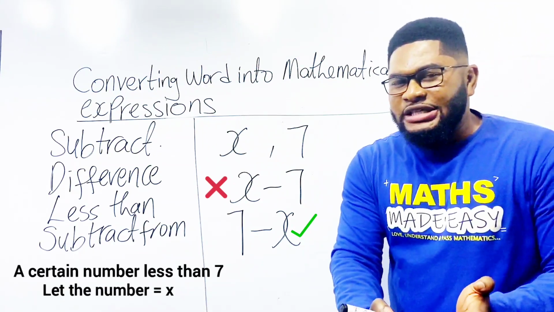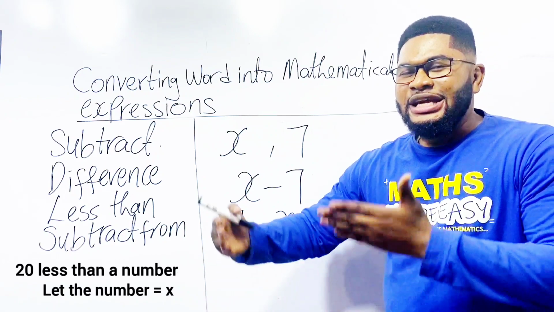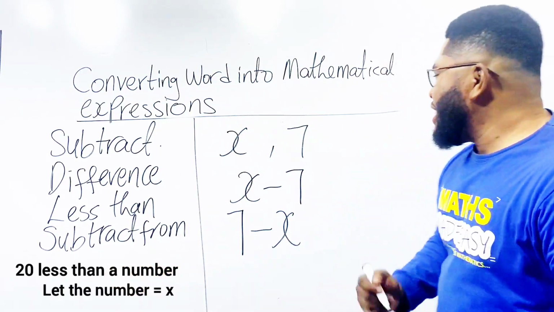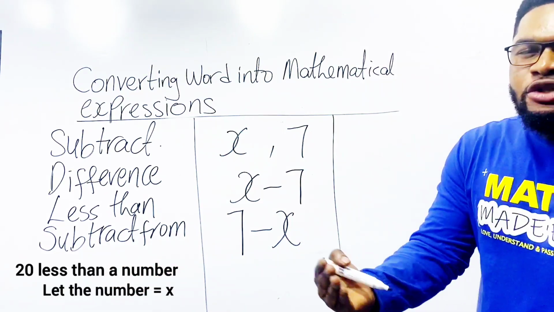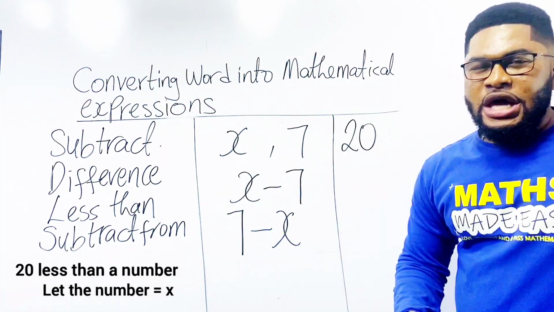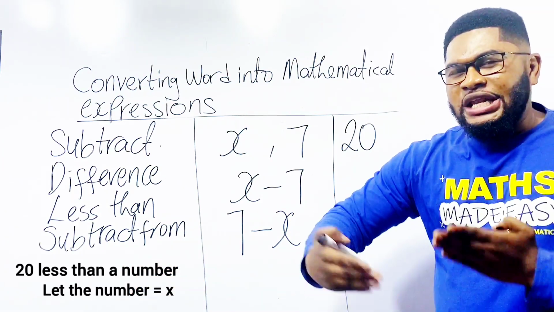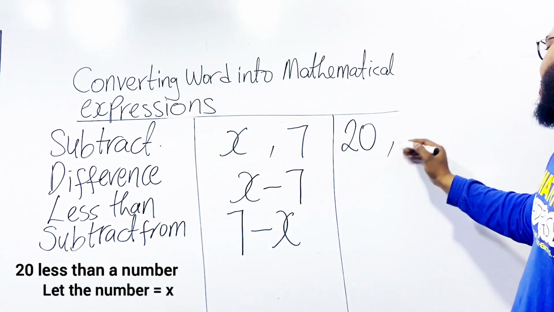Let me give you another example. 20 less than a number. I have mentioned two different numbers here: the real number 20 and the unknown number. Let the unknown number be x.